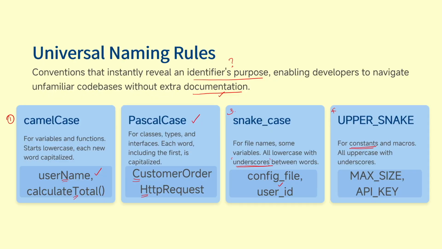That is a constant, so those kinds of things have to be differentiated from the set of variables that are going to change. For those we can use upper snake case. Snake indicates that you are going to use underscores, so upper snake is nothing but uppercase with underscores in between. So there are 4 different ways in which you can name.